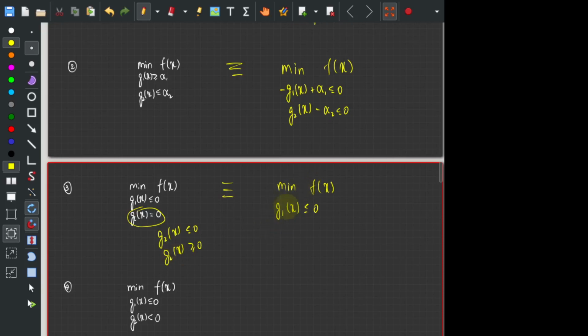Okay. So now if you have an equality constraint, then you can always write it as two inequality constraints. So g1 of x is less than or equal to 0, g2 of x is less than or equal to 0, and minus g2 of x is also less than or equal to 0. Any questions?